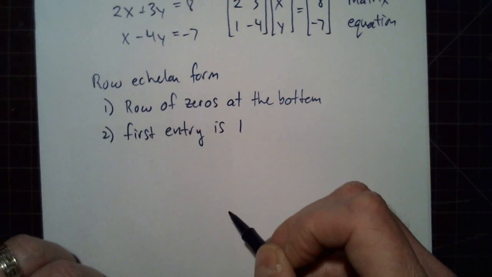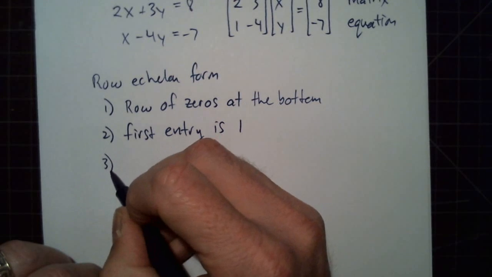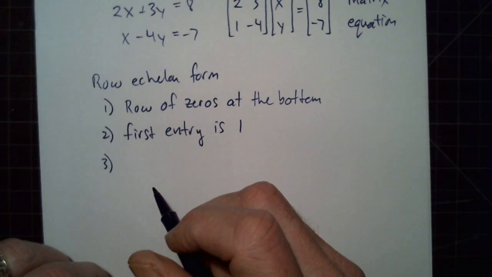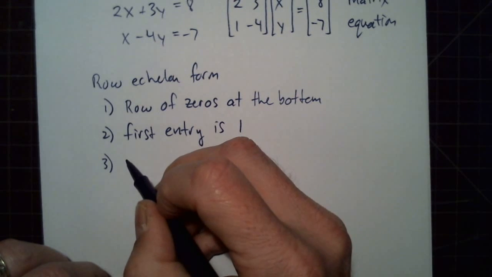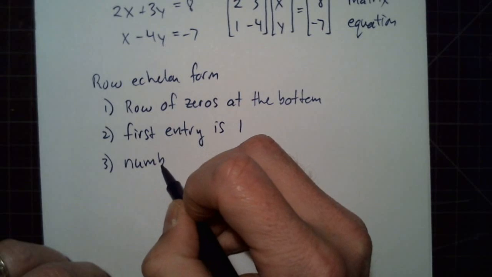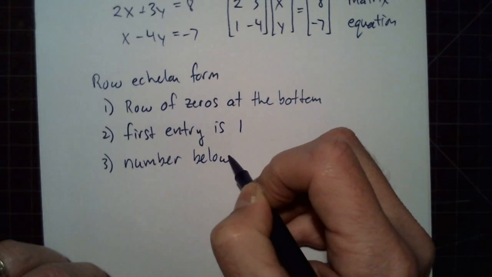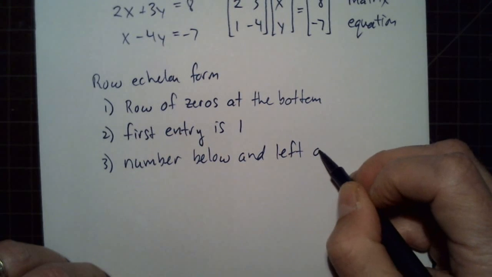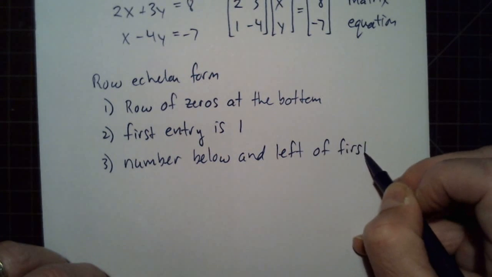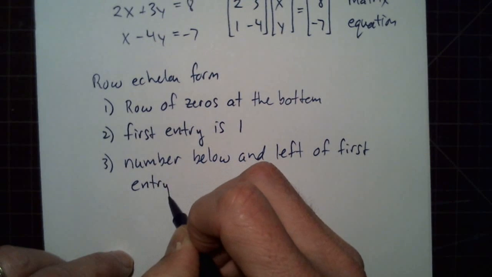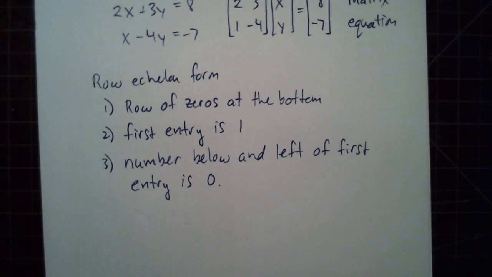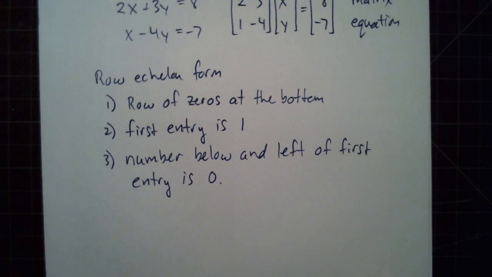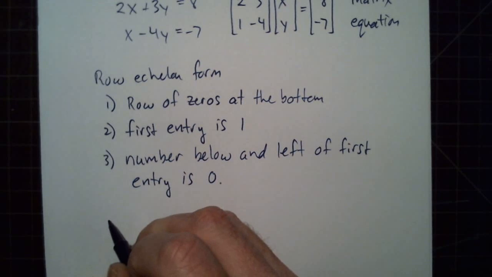The first entry has to be a 1, and the number below and left of each entry is 0. So let's try this.